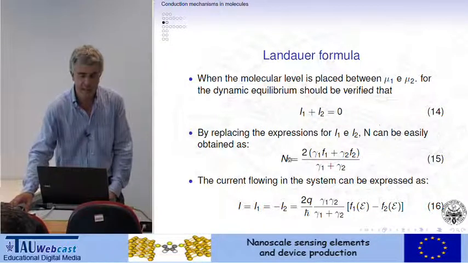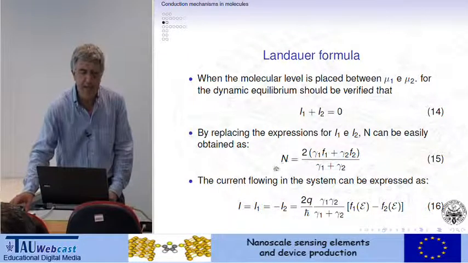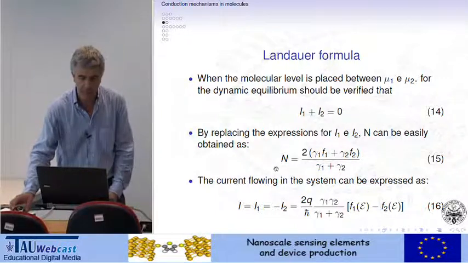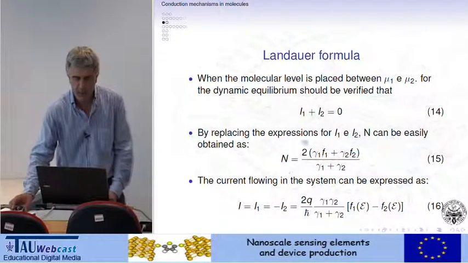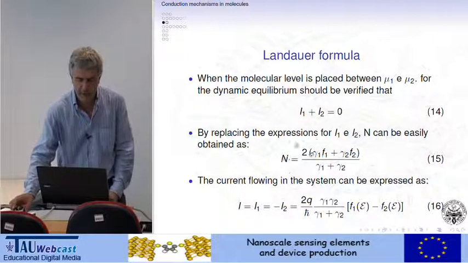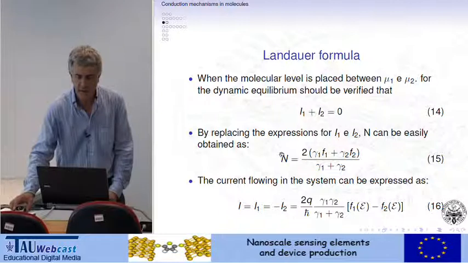N, as I said, is unknown till now, because n is the number of electrons on the molecular orbital. So this expression allows us to evaluate the number of electrons that are in that orbital, in that structure.